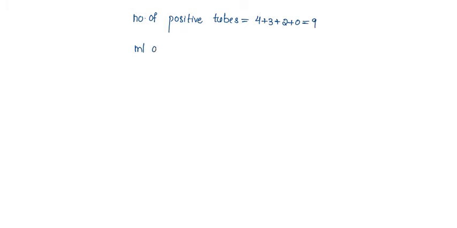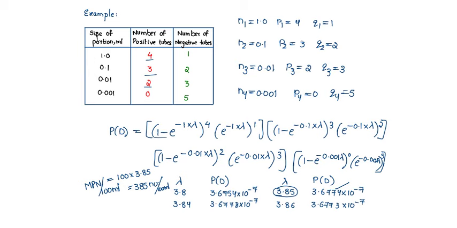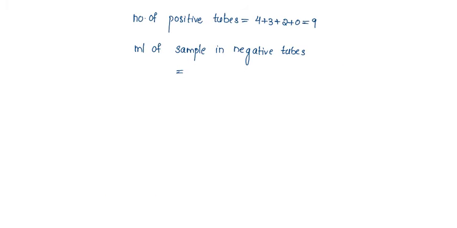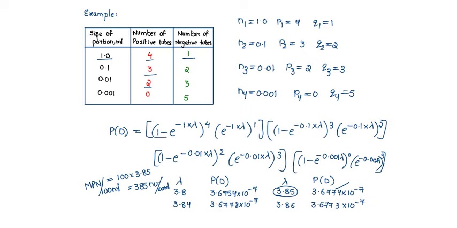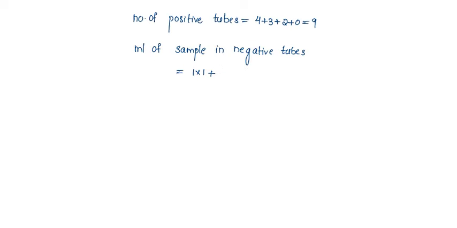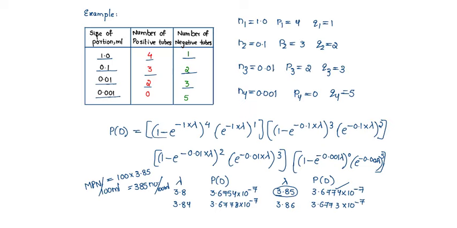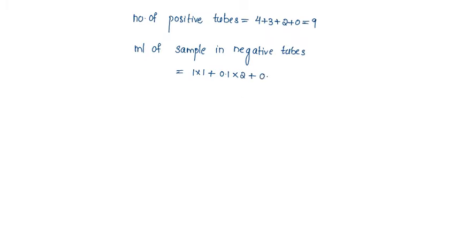Now ml of sample in negative tubes will be: corresponding to 1 ml there is one negative tube, so 1 into 1, plus corresponding to 0.1 ml there are two tubes, so 0.1 into 2, plus corresponding to 0.01 there are 3 tubes, and 0.001 there are 5 tubes. So the total will be 1.235.